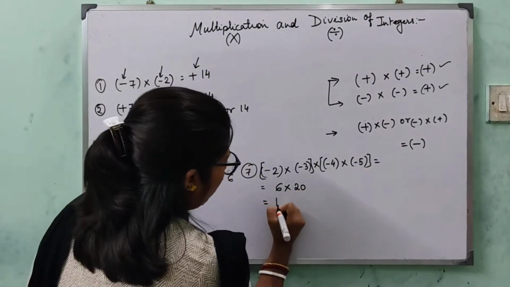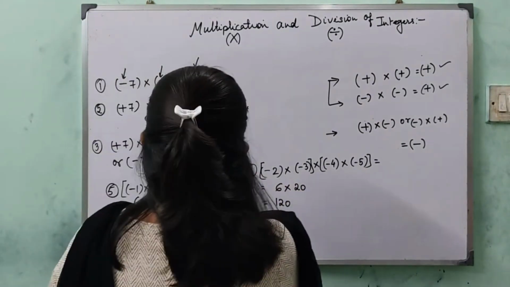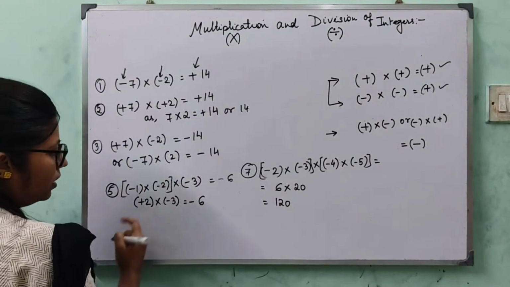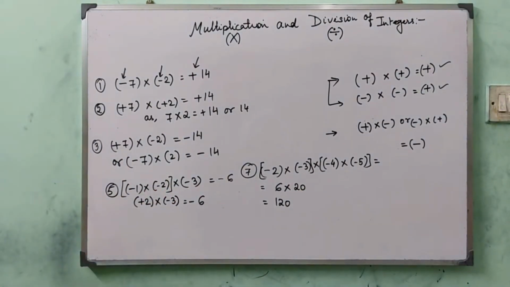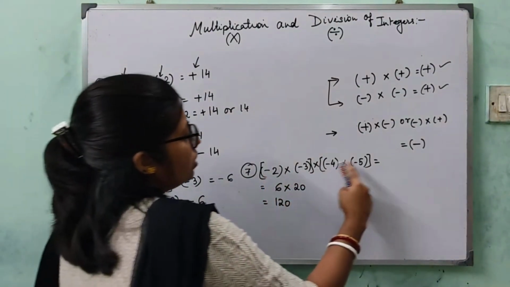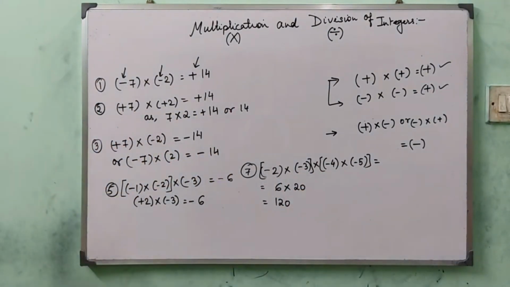That is equal to 120. So I can see here that when three negative integers were involved, there was a minus sign. But when there are four negative integers involved in the product, I got a positive sign.